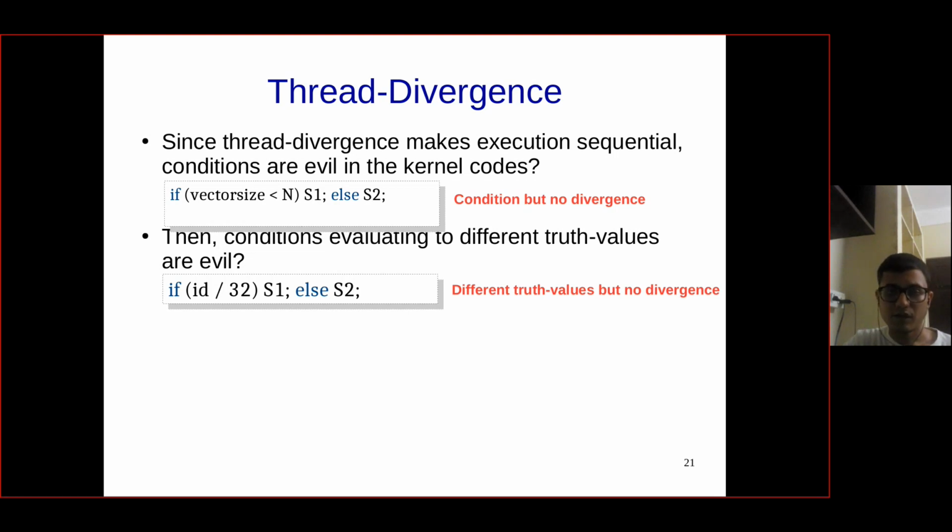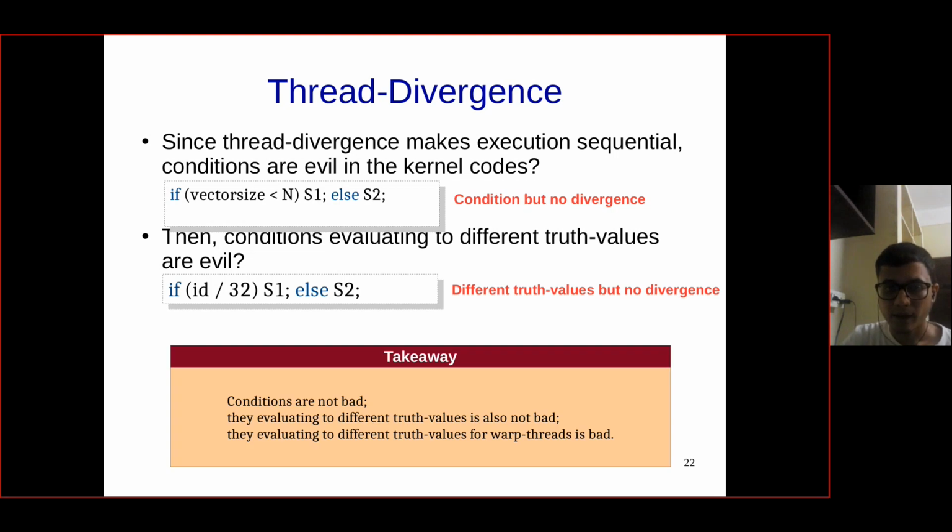So it's even false to say that conditions evaluating to different truth values are available, because as we saw in this example, even conditions evaluating to different truth values for the threads may not lead to thread divergence. Hence, the takeaway is that conditions are not bad. Even evaluating to different truth values is not bad.